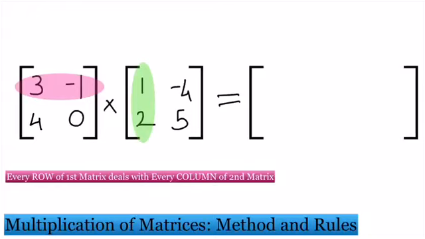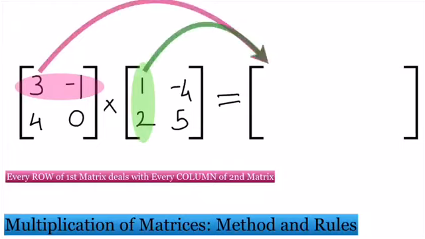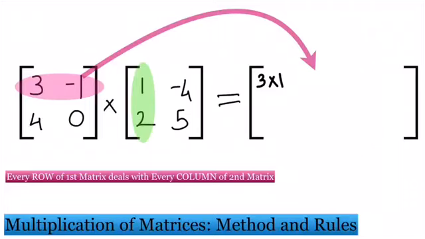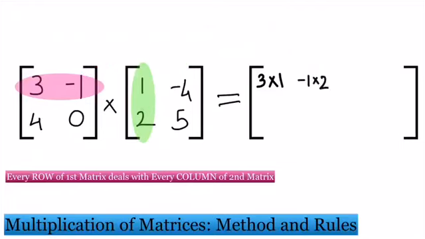Now how they deal with is they multiply the corresponding elements, like the first element of the row multiplies with the first element of the column, the second element of the row multiplies with the second element of the column, and then both the products are added.